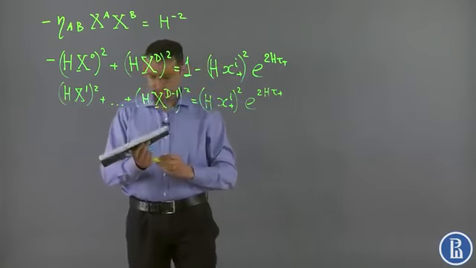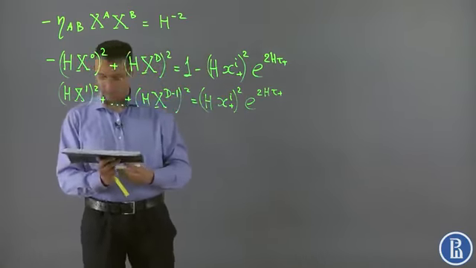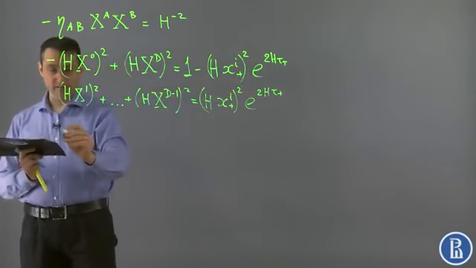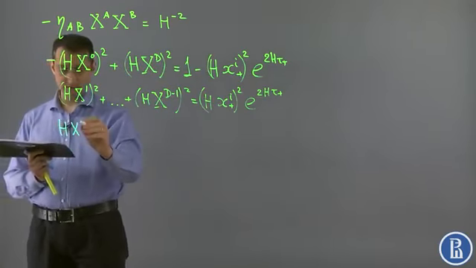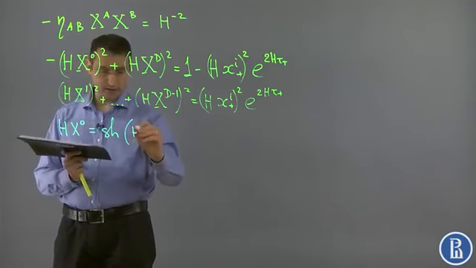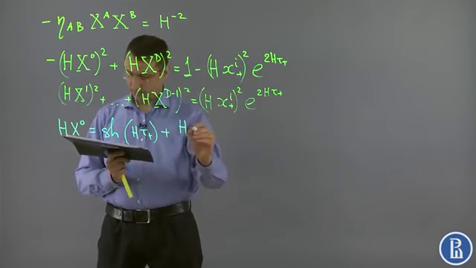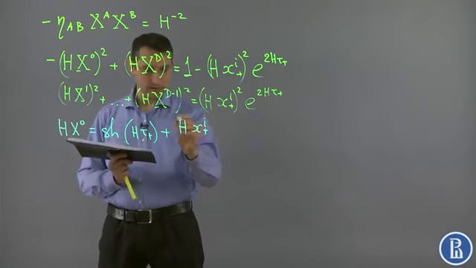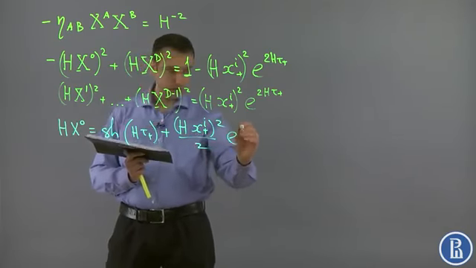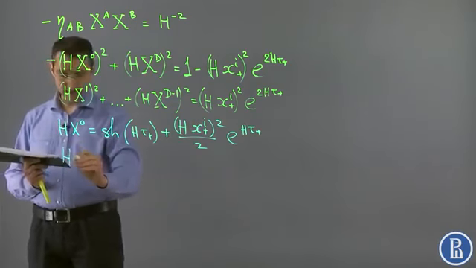So using this, we can write the following. Well, this can be now solved as hx0 equal to hyperbolic sine of h tau plus, hx plus I squared over 2 exponent of h tau plus, hxi.